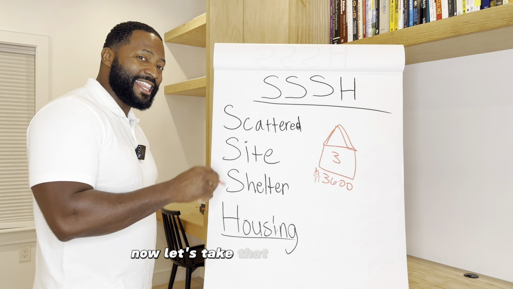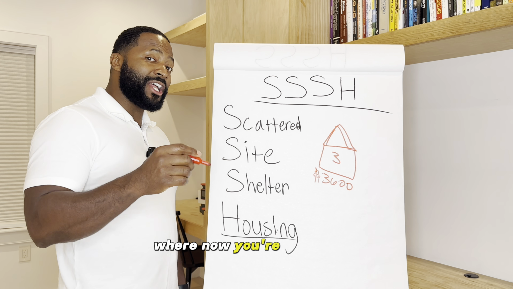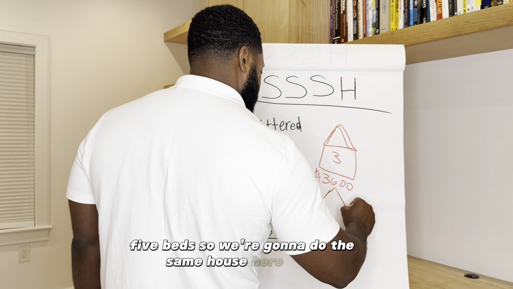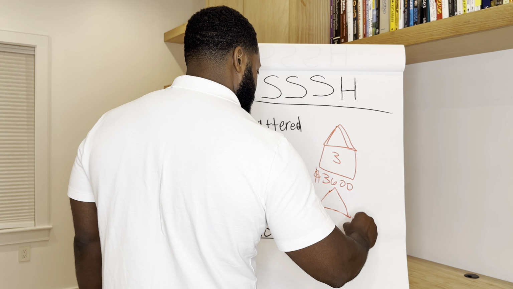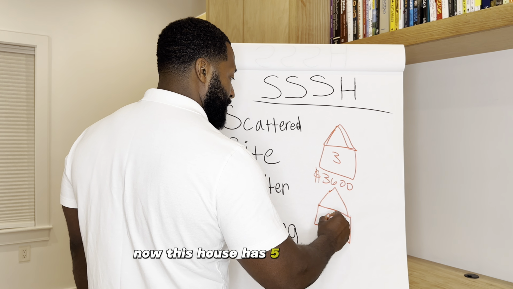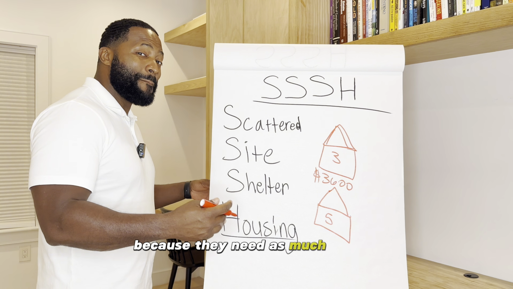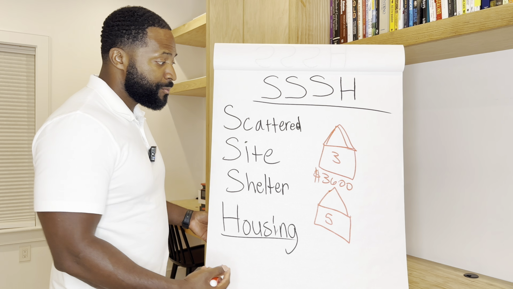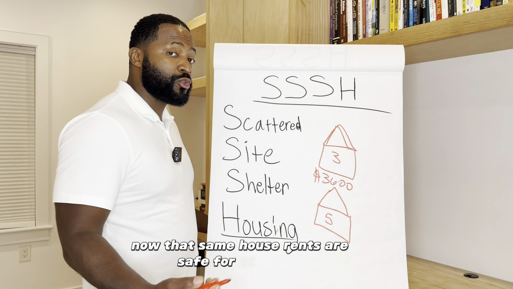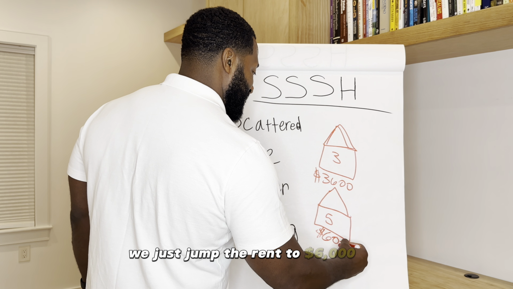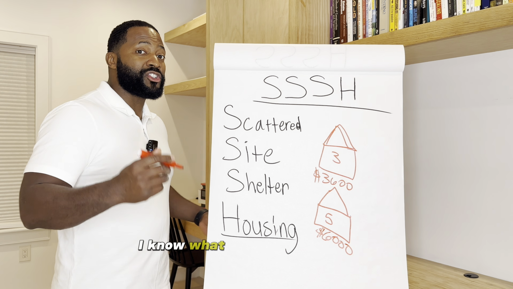Now, let's take that same house where now you're gonna actually get 5 bedrooms, guys, right? 5 beds, so we're gonna do the same house here. Now this house has 5 bedrooms because you converted the living room and dining room into bedrooms because they need as many bedrooms as possible. Now that same house rents, let's say for $1,200 a room, we just jumped the rent to $6,000.